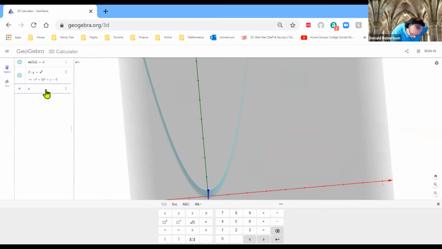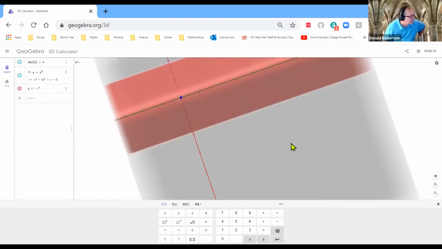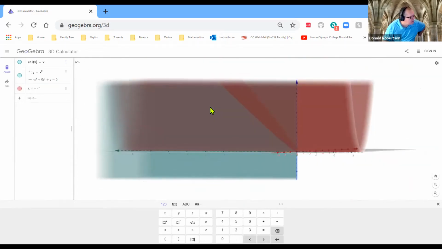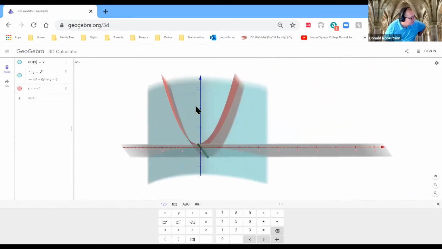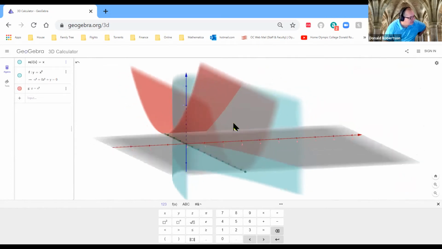Suppose I did z equals x squared. What we now have are two different, if I can orientate that, there we go. Don't we now have two different shapes interacting with each other? One is going this way and the other's going that way.